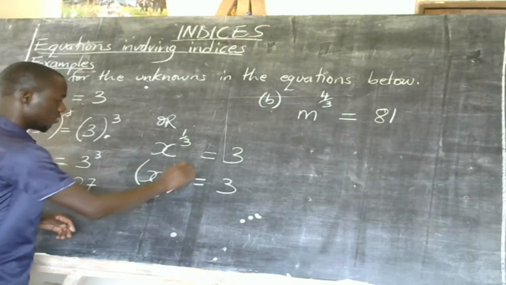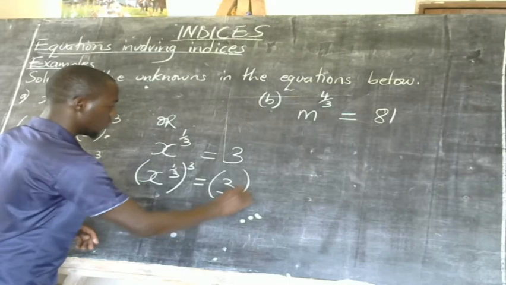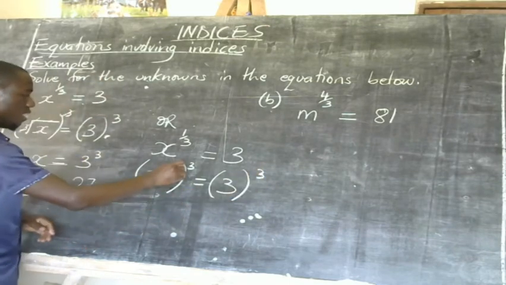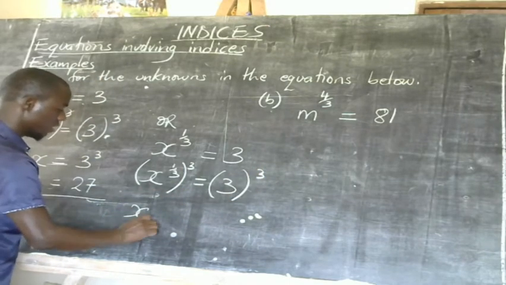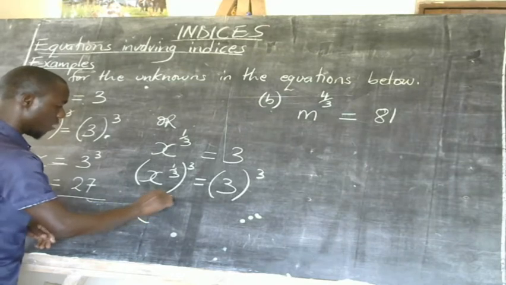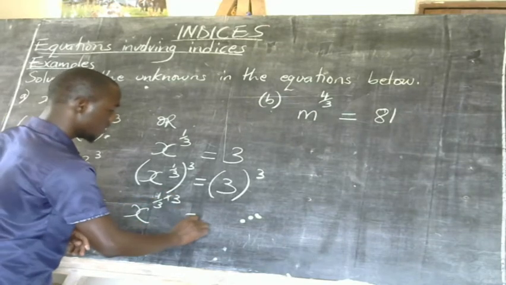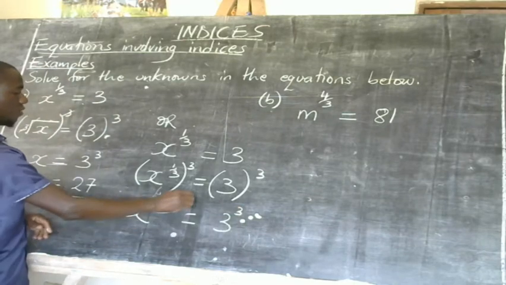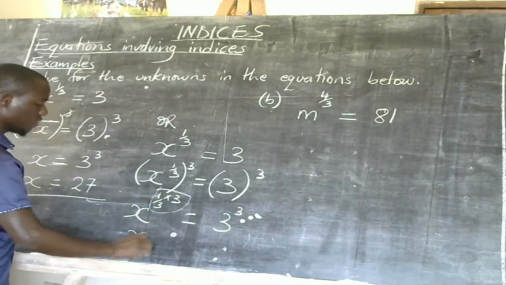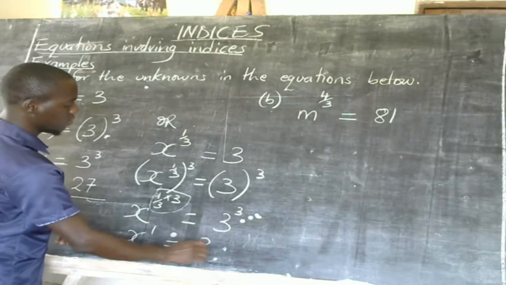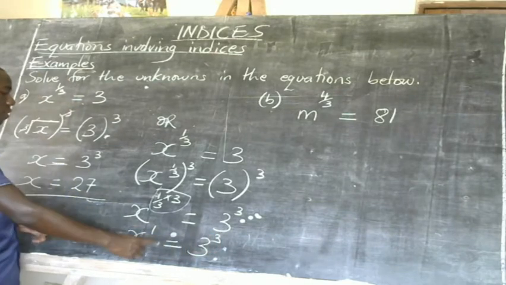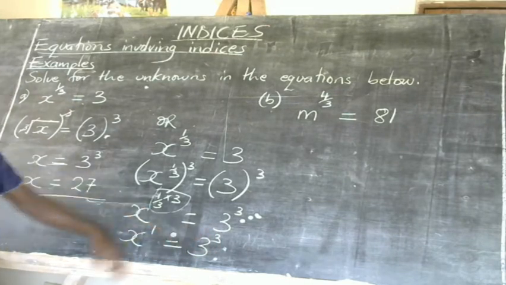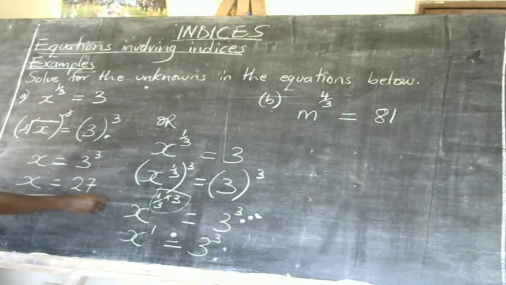So when I cube this side and also cube that side, when we open the bracket, in lesson 1 we said that the powers are going to multiply each other, then this is 3 cubed. The result of this is going to give you x power 1, and it is equal to 3 cubed. X power 1 is x, 3 cubed is 27, just like before.